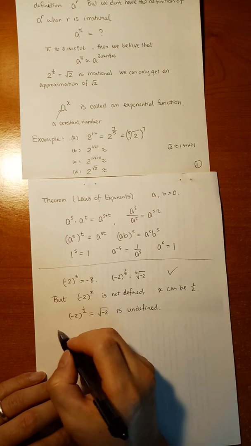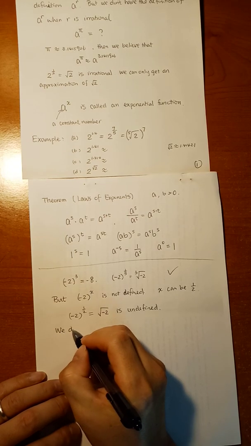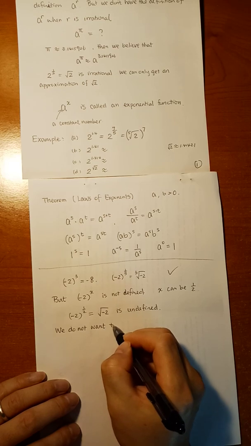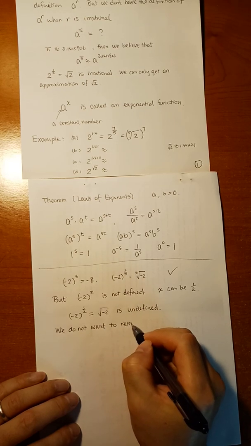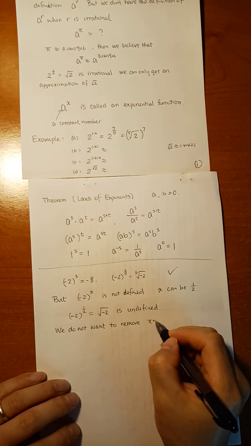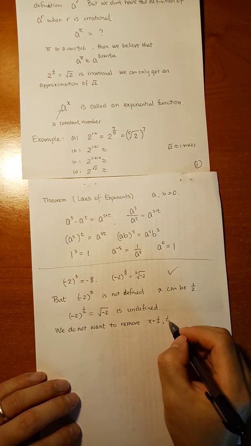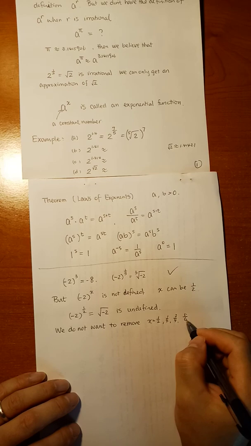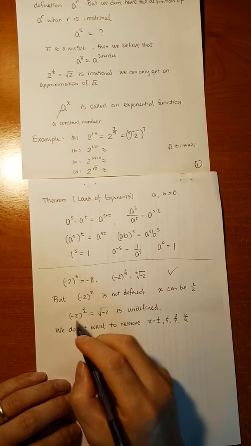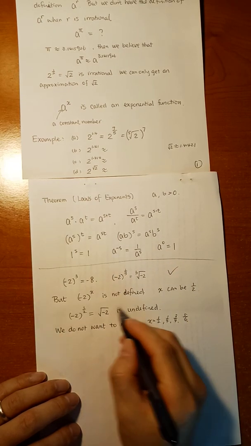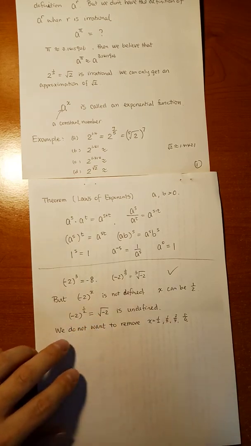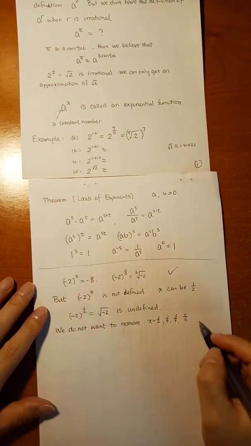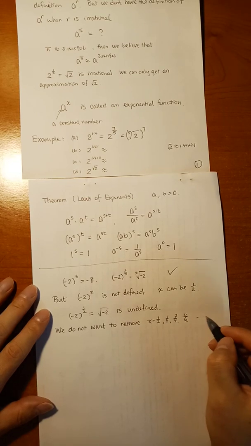So that's why we do not want to remove x equal to 1/2, 1/4, 3/4, 5/6, because for all these rational numbers, you will take the even root of negative 2. They are undefined. We don't want to remove all those values. There are infinitely many.